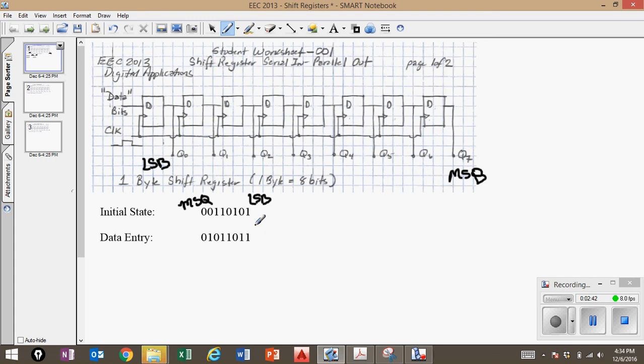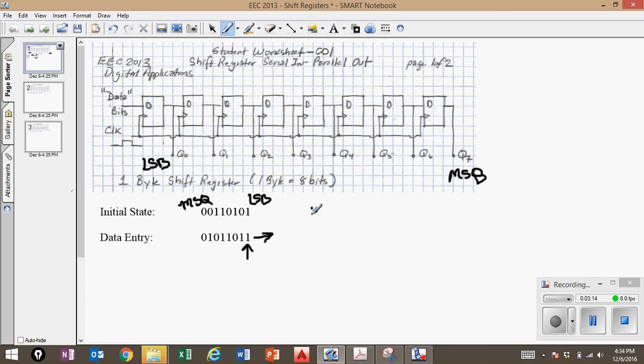Now we have to be very careful about how we input the data into the flip-flop based on the problem or the question that is given to you. I'm going to assume that I'm going to shift the data into the register starting with this value here, and then I would like to know the status of the flip-flops for different values of clock pulses.